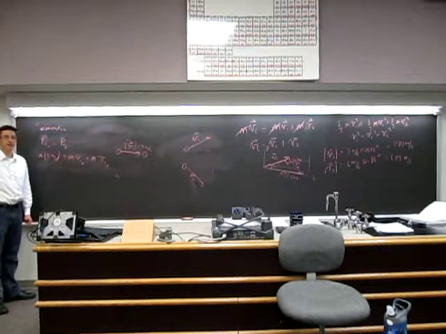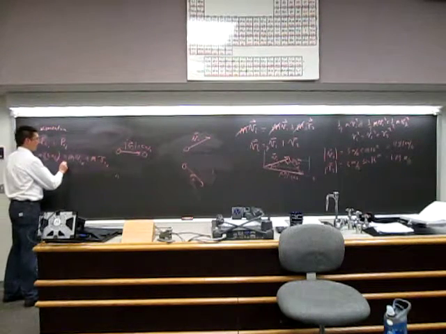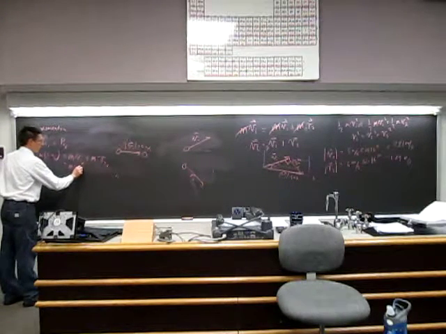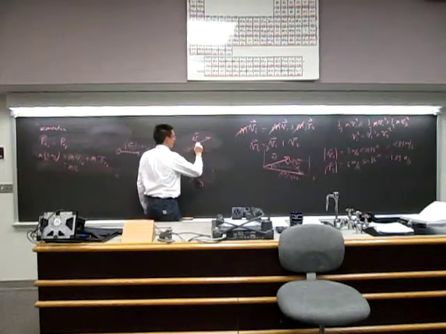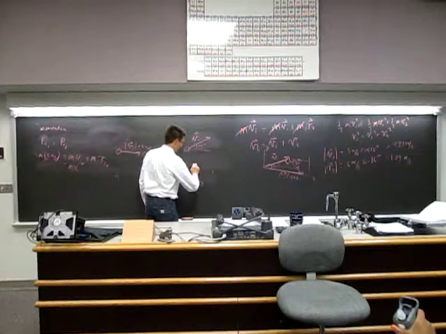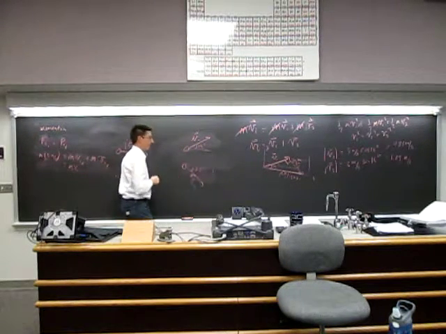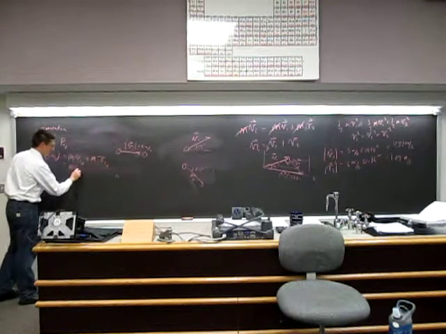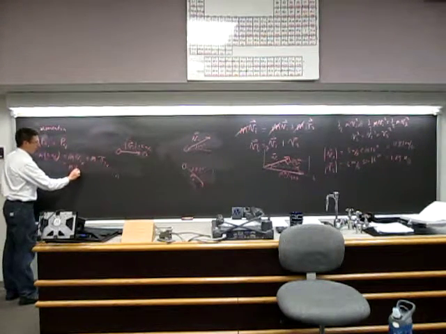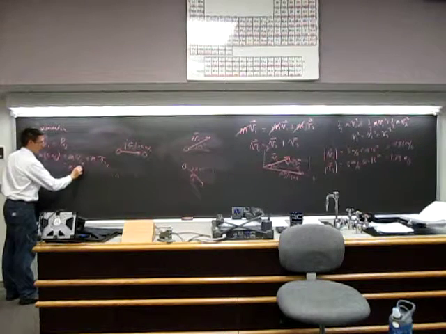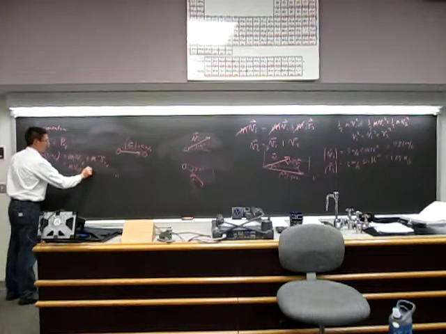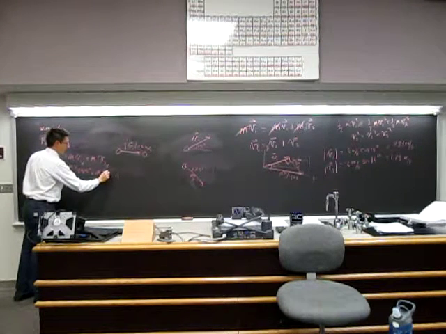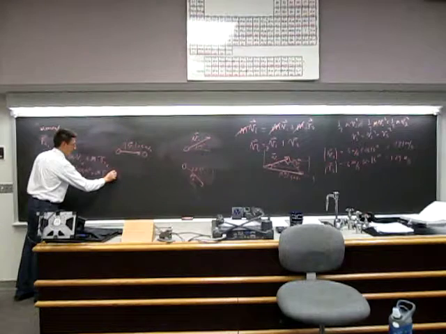Make sense? And then I could write that in terms of angles. This would be m v1 cosine of 15 degrees plus m v2 cosine of 75 degrees.